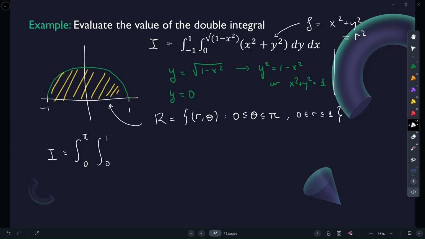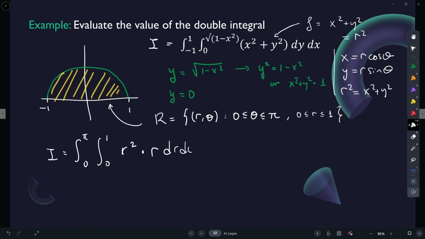Remember, the translation is that x is r cosine theta, y is r sine theta, but r squared is x squared plus y squared. So we are, in fact, integrating r squared. I have to multiply by my conversion factor, always times r, and then dr d theta.